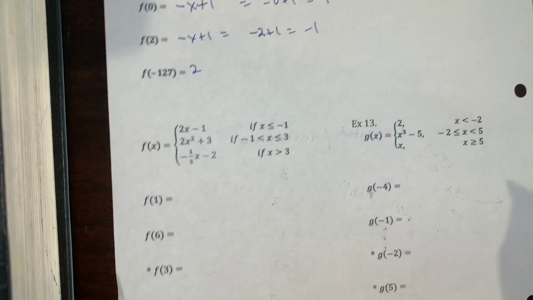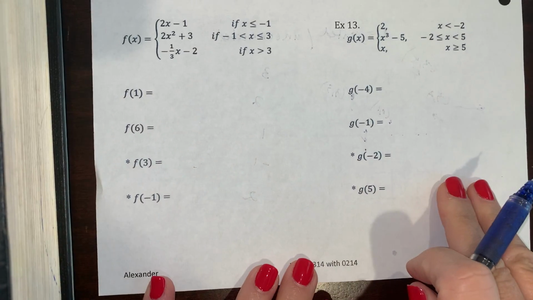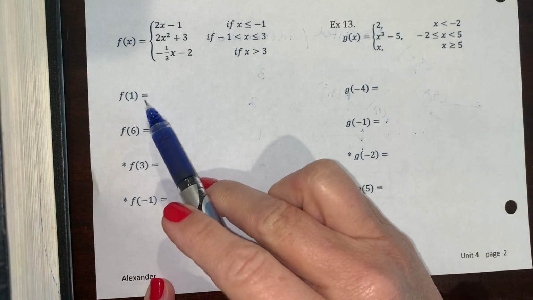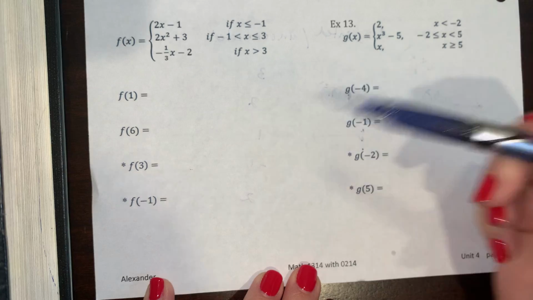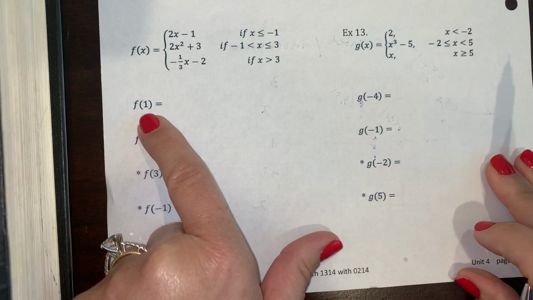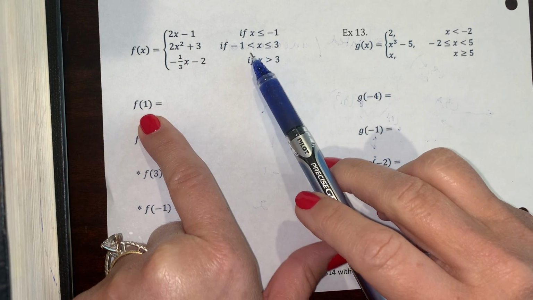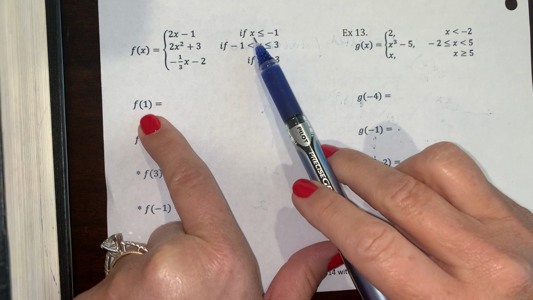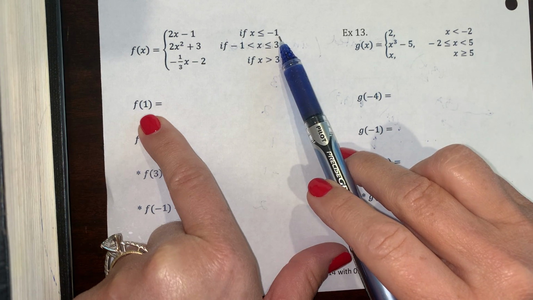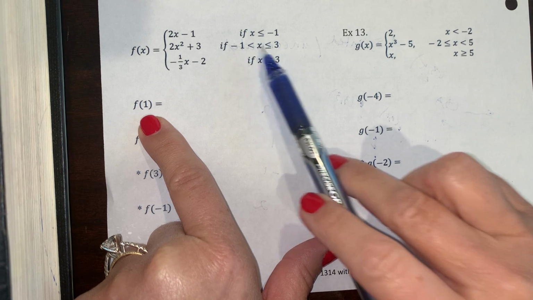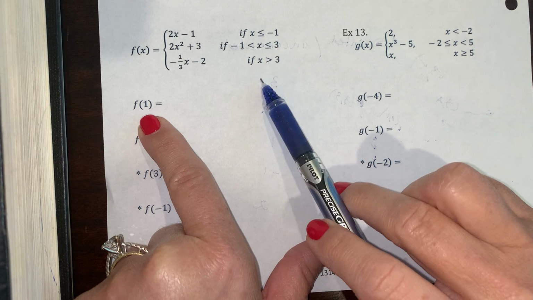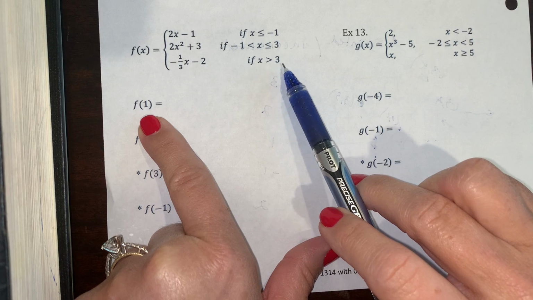All right, so these next two examples make us do this again. You have 1, 2, 3 categories, and you just have to figure out what number these fall into. So f of 1: the first choice was when things were less than negative 1, the second choice was if it's between negative 1 and 3, and the last choice is if it's purely greater than 3.